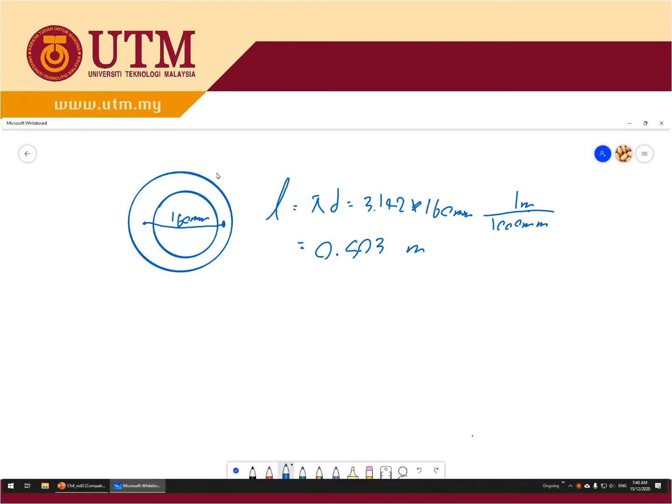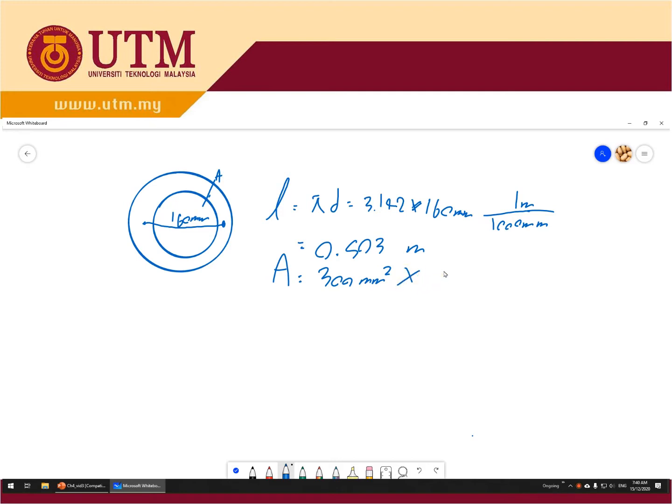Next is the area, the cross section area. The area given here is 300 millimeter square. How do we change this? Remember, you have to use the SI unit.